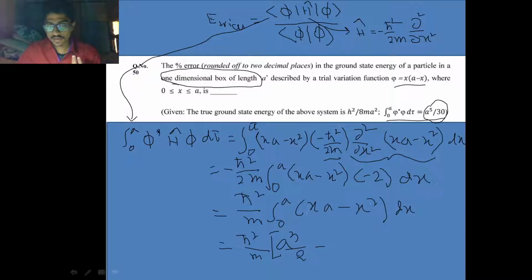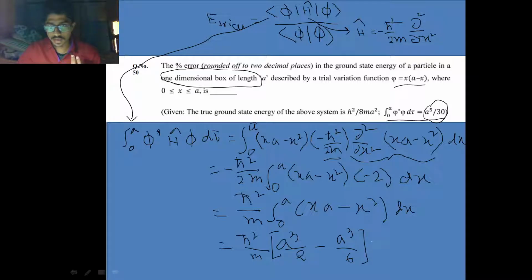What about x square? x square integrated is nothing but x cube by 3. And what is x? x is nothing but a, because the lower limit is 0, so that is nothing but a cube by 3.